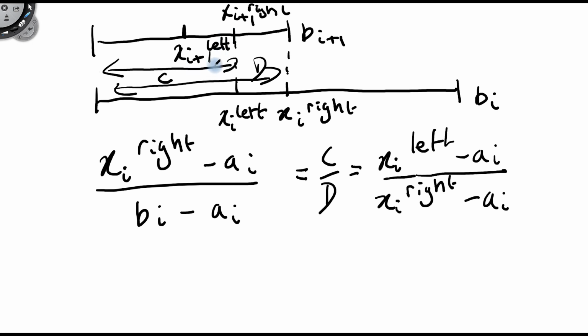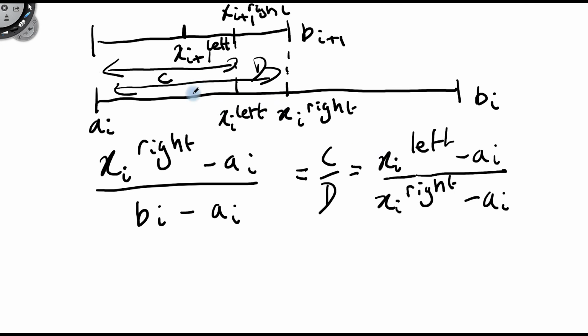And basically in the lecture notes, you have the nicely typeset diagram for the golden section search, and I recommend you draw on these ratios just to get a feel for how it works. So C on D is x_i left minus A_i, which we have here, because that's in common, and D is simply x_i right minus A_i.